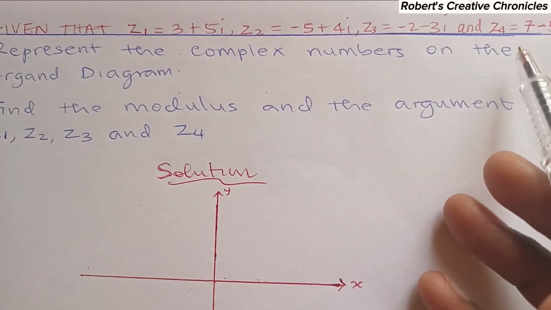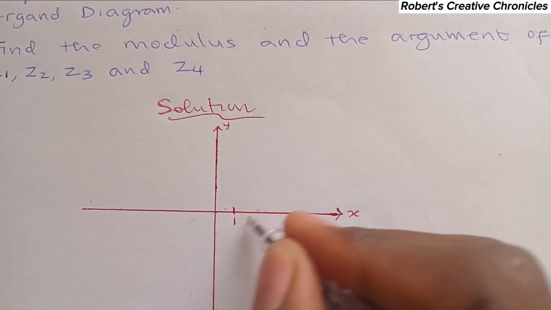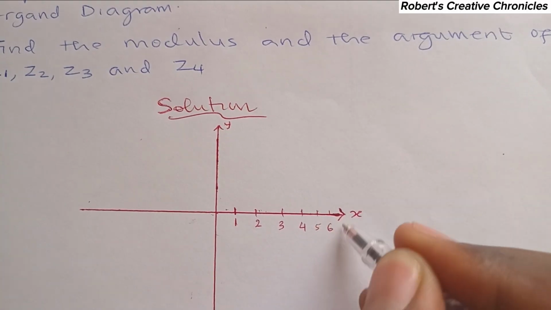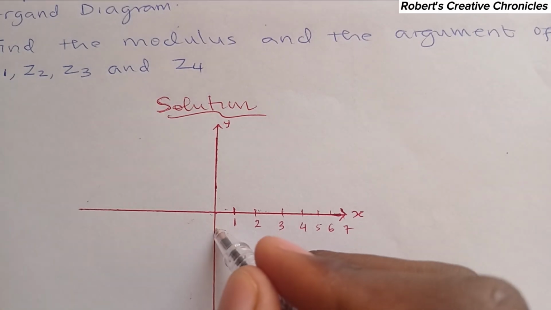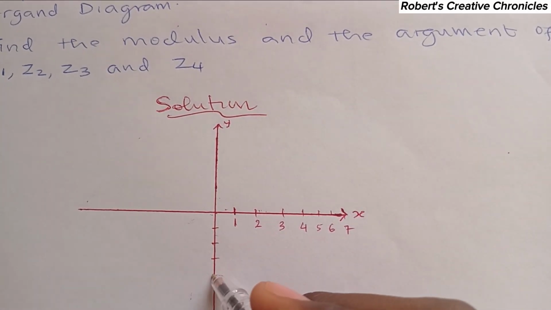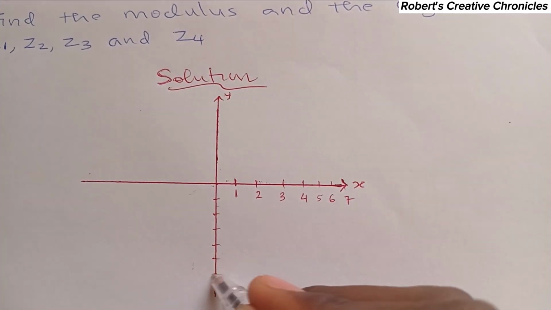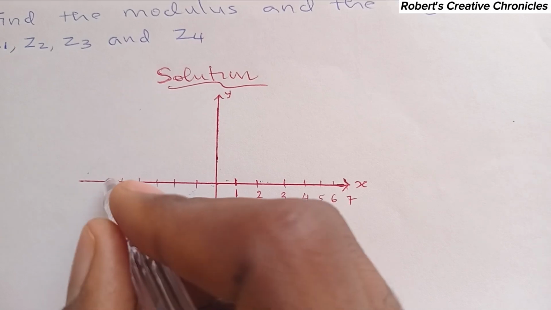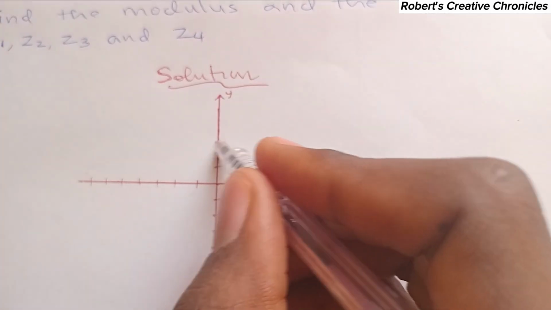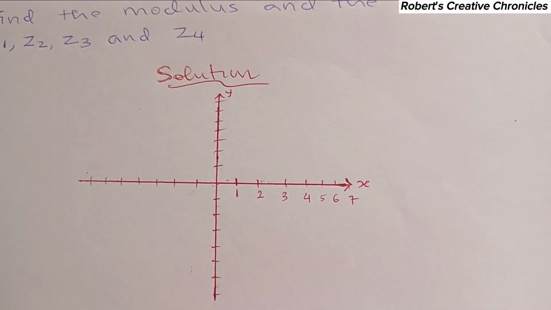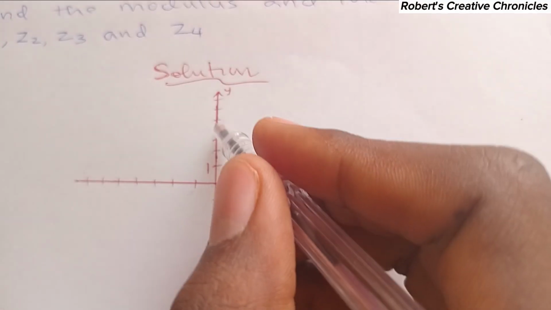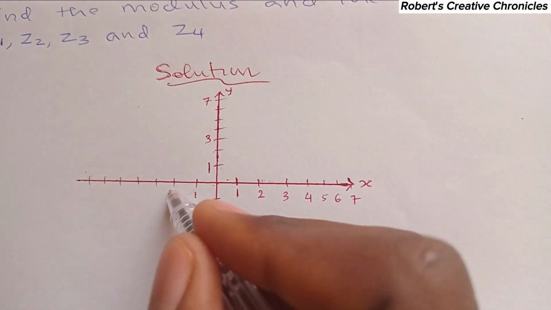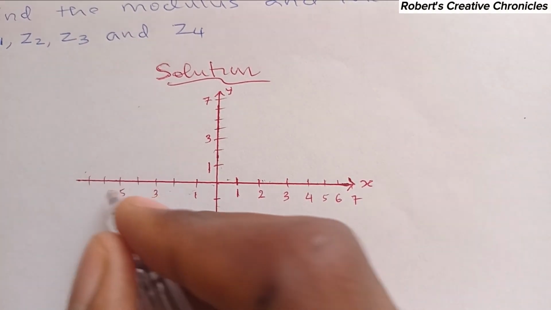Since the highest number here is 7, on each axis we'll mark 1 to 7. Likewise here, 1, 2, 3, 4, 5, 6, 7.